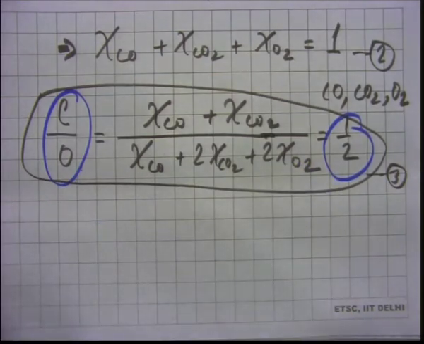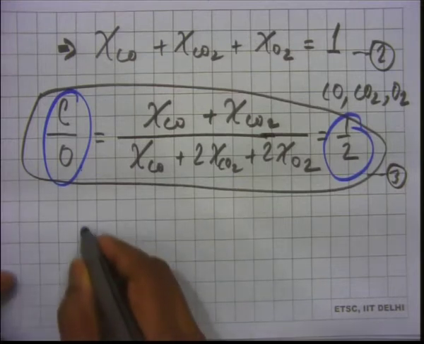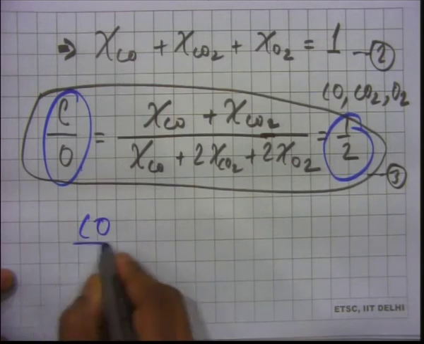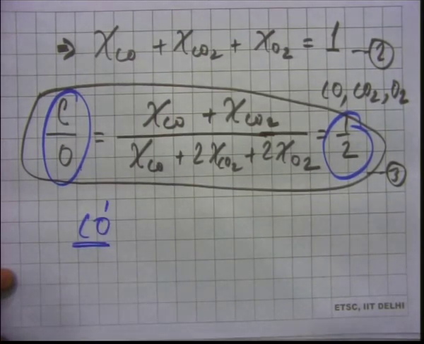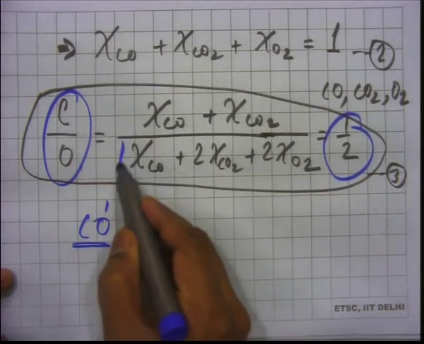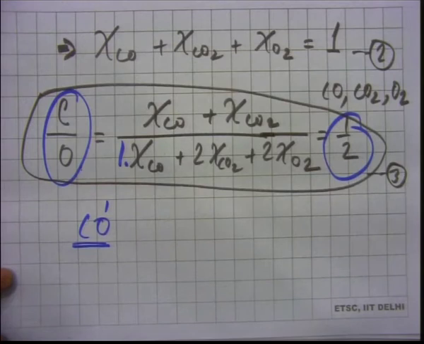So, again similar logic. So, what is the logic? The logic is that if you take CO, it has in its molecule one oxygen atom, all right. So, this is 1 times number of moles of CO.